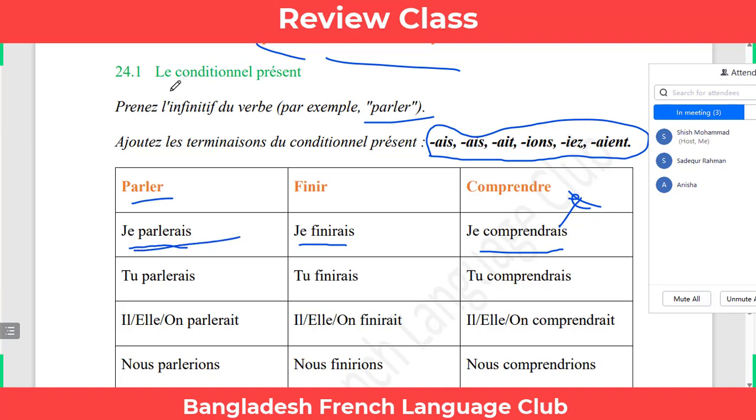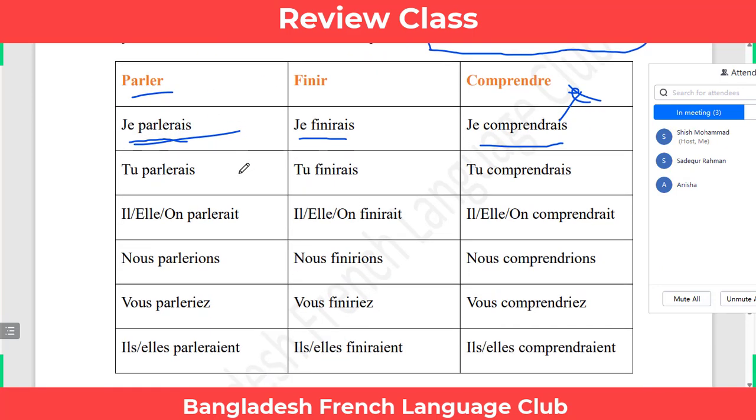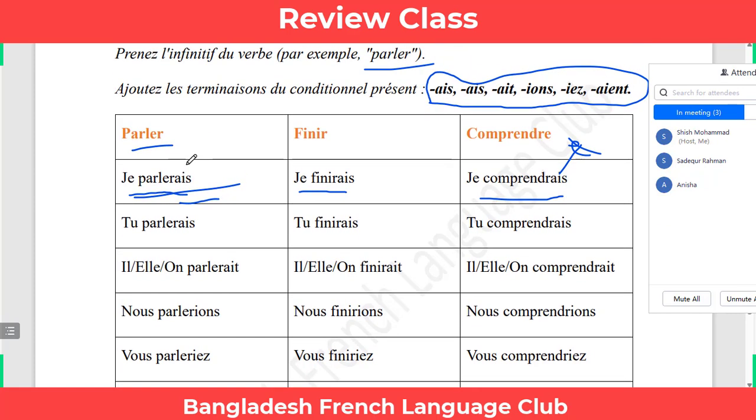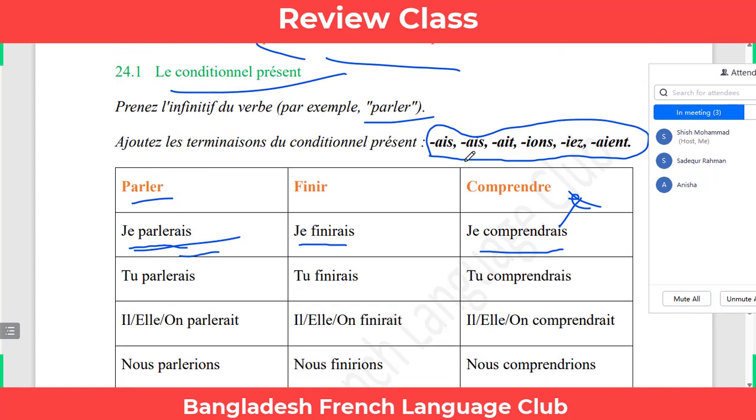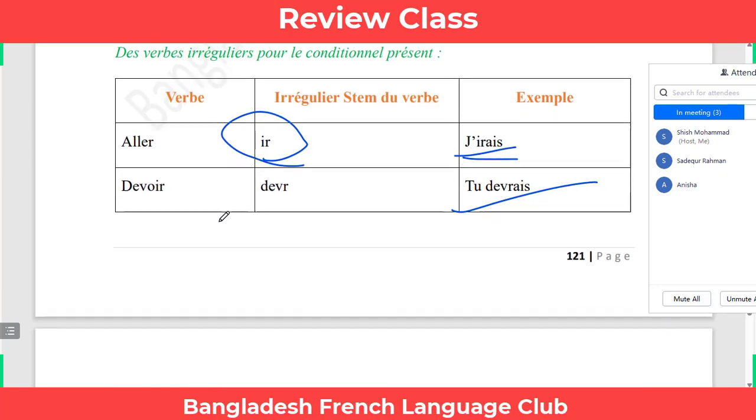Okay, in conditionnel présent we don't need avoir and être conjugation because we don't need any participe passé after avoir and être in conditionnel présent, right? So that is why the principal verb will be used and the conditionnel présent ending will be used, like the imparfait termination. Okay, imparfait termination will be used with the principal verb. Is it okay, monsieur, now?